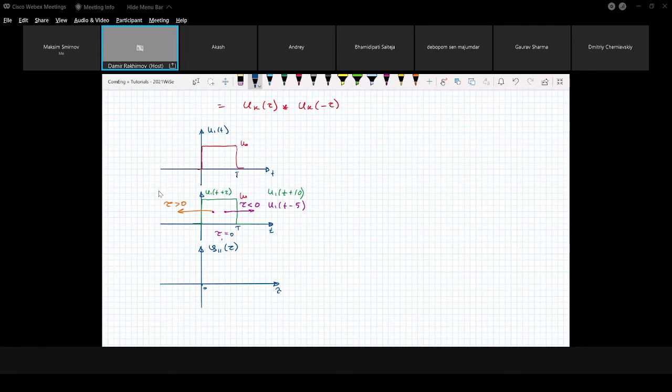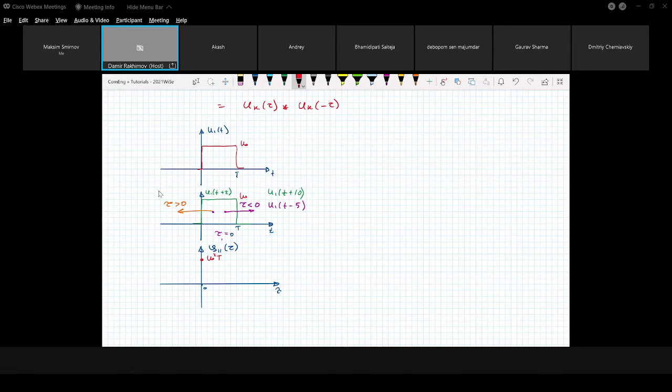You just multiply by the duration, which equals T, and you get u0 squared times T. Do you agree with me or not? It shouldn't be difficult. Why do you look confused? Or is it fine? Okay, so this is for tau equals 0.